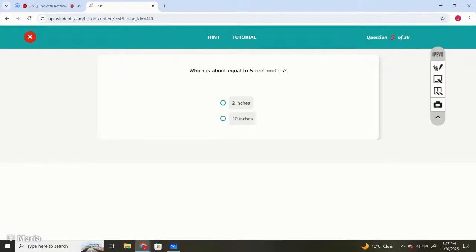Which is about equal to 5 centimeters? 5 centimeters equal 10 inches.